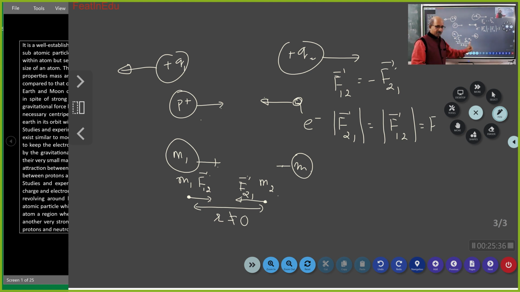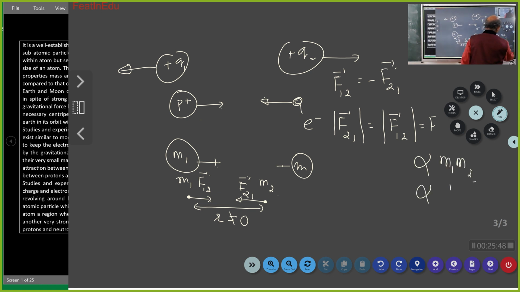So, consider 2 point masses separated by a finite distance r not equal to 0. Then there exists a force between the two masses, and this force is directly proportional to the product of the two masses and inversely proportional to the square of the distance between them, and it is not affected by the medium separating the two.